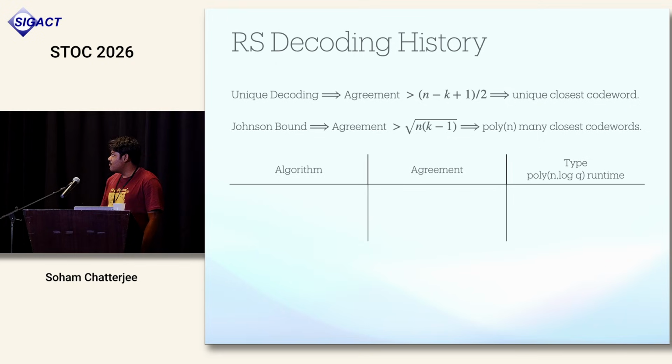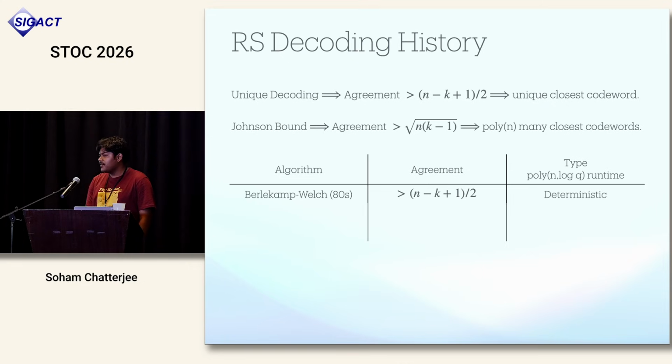Now, what are the algorithms for these two regimes? For algorithms, the runtime we will consider is polynomial in n and log q, where q is the field size. For the unique decoding regime, you have the Berlekamp-Welch algorithm, which is a very old algorithm, and it gives you a deterministic algorithm in polynomial of n and log q runtime.